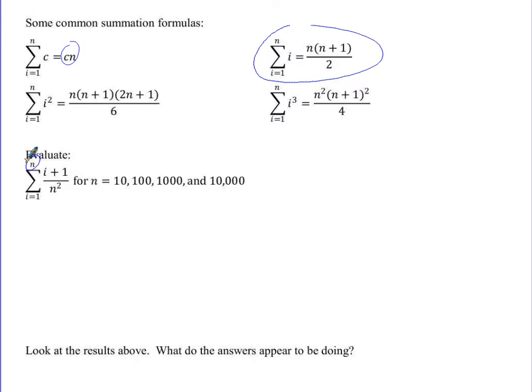So n is a constant, which means that this n squared in the denominator is also a constant. So it can be pulled out, okay? When I pull that out, though, it's not going to be n squared. What is it going to be? 1 over n squared. So I'm going to rewrite this as the sum from i equals 1 to n. I pulled the 1 over n squared out, and I'm left with i plus 1.